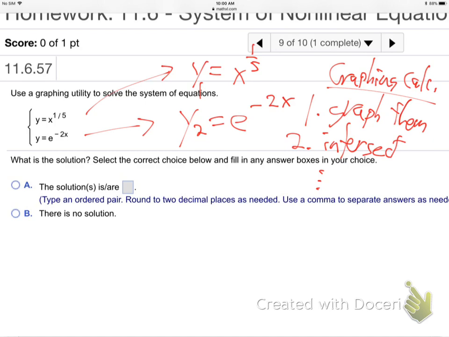Okay. Let's see, x to the 1/5, and the other one is e. Oh, where's my e? Oh, there it is. Is that e? Yeah, e to the power of minus 2x.